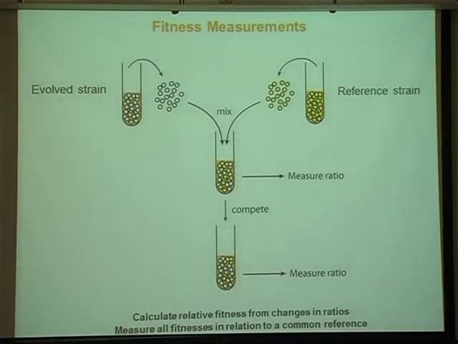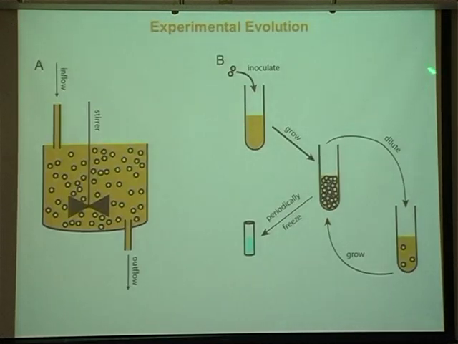I talked a bit about fitness. This is going to come up again and again, so I just want to define what this is. One of the nice things about these evolution experiments is that fitness really has a very simple one-dimensional definition in these experiments, which is that, if we go back to this picture for a moment, the fitness of a clone, relative to the other genotypes in the population, is just that genotype's average tendency to leave more or less offspring than the population average in the next evolution cycle, right?